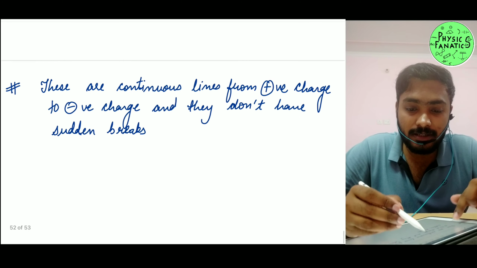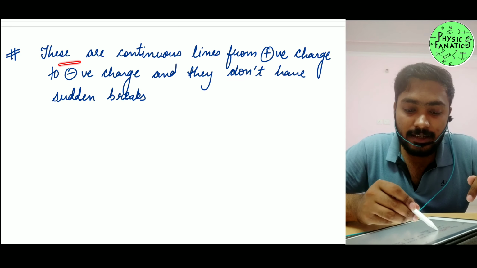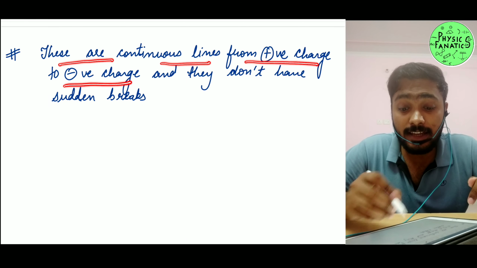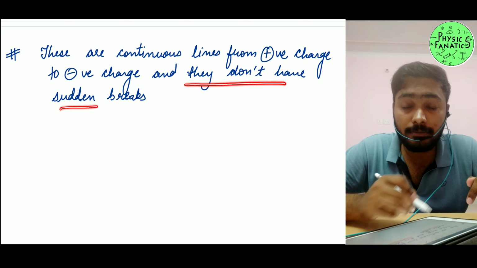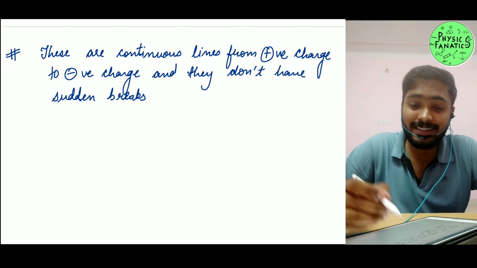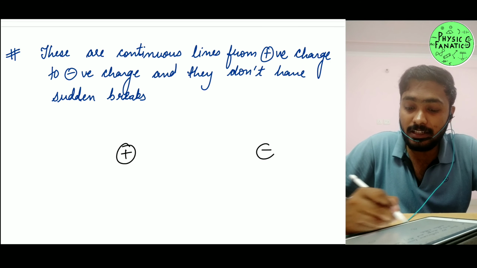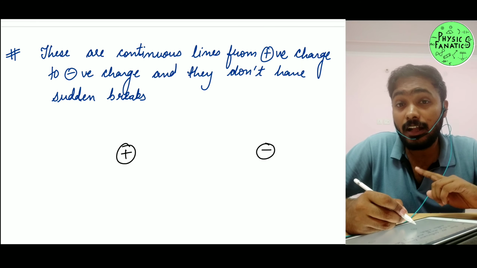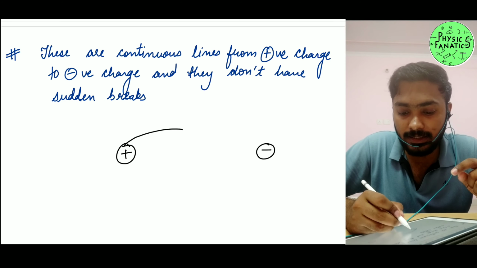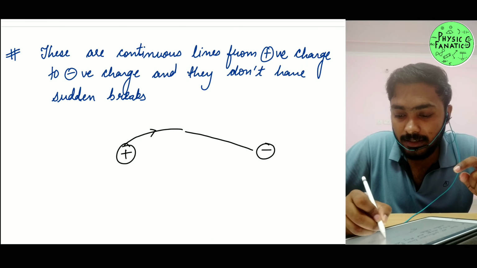Let's go to the next part. The next part is that these are continuous lines from positive charge to negative charge, and they don't have sudden breaks. What does that mean? It means that if you have a positive charge and a negative charge, these are continuous lines, right? There are no breaks. You cannot draw it like this, for example, where the line starts like this, there is a break here, and then it continues.